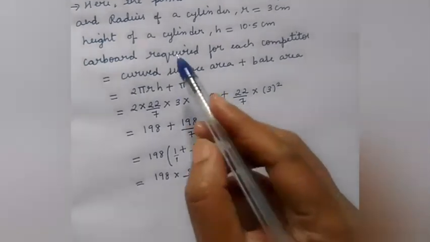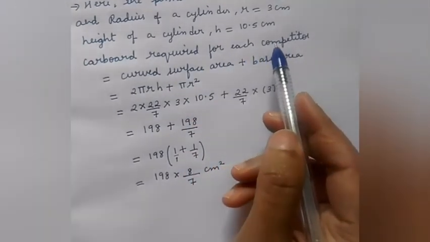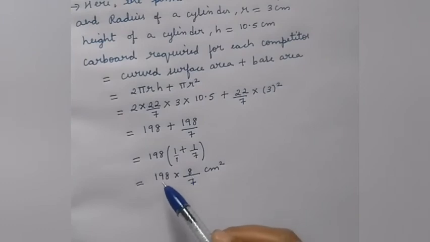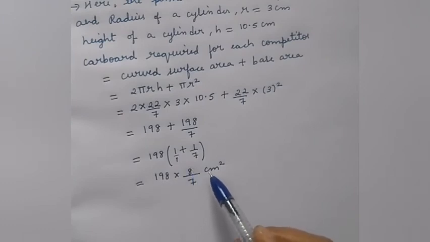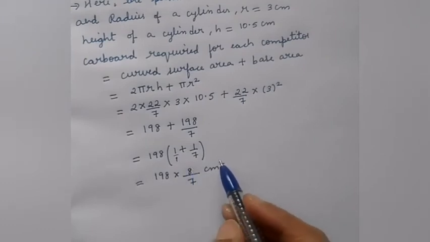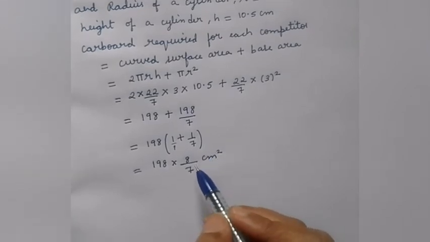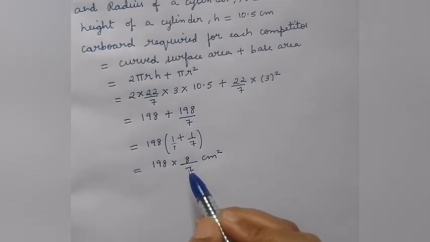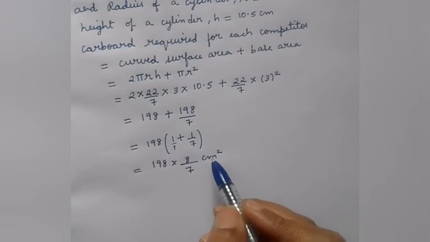So the cardboard required for each competitor is 198 into 8 divided by 7 centimeter square.